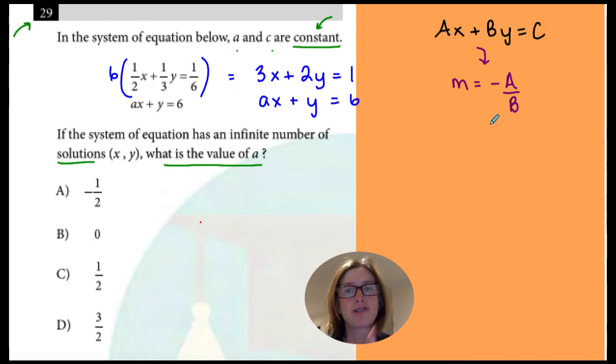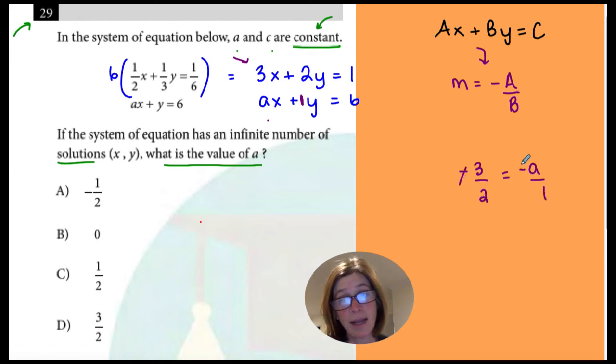Negative a over b is your slope. So I know the slope of this equation would be negative 3 over 2. So then for this equation, there's a hidden 1 right here, it would be negative a over 1. Now, if I cancel the negatives, that would give me 2a equals 3. And then if I divide by 2, I'm going to get 3 halves.